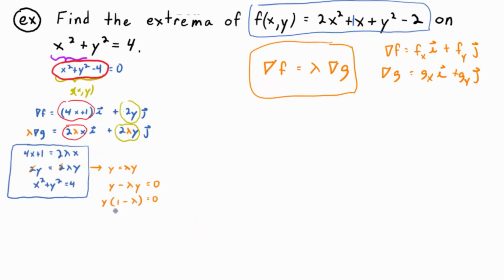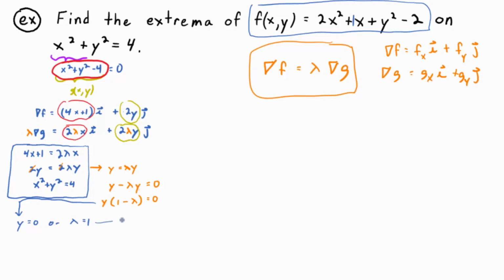So if we set both factors equal to 0, we get y equals 0 or lambda equals 1. And we're going to take these on a case-by-case basis. There's 2 cases. Either y equals 0 or lambda equals 1. There's no getting around that. So let's assume case 1.